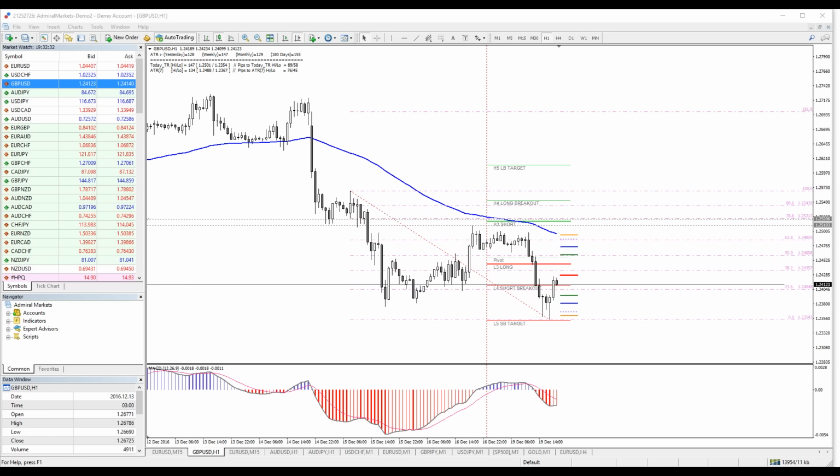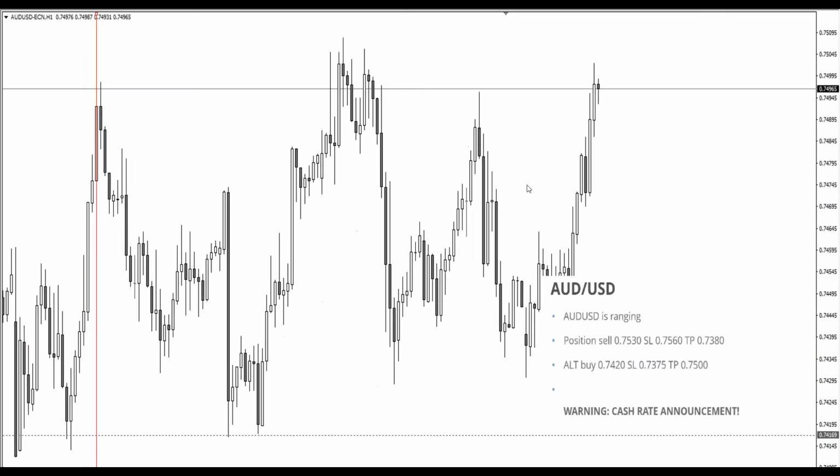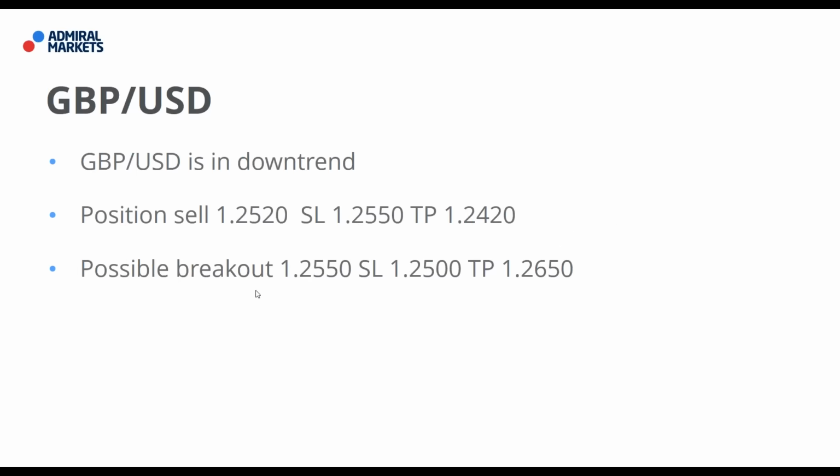So it's not an alternative, it's a possible breakout trade above 25.50. So if we see a stop loss, for example, probably we would see an immediate breakout. Okay, here. So this is the setup for GBP dollar.